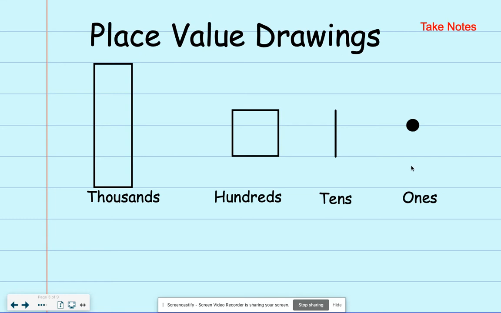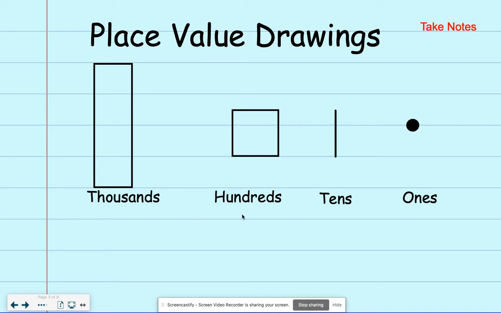The reason for each of these drawings is if I were to stack up 10 of these dots, it would make the stick. If I were to stack 10 of these sticks together, it would make a 100 square. If I were to stack 10 of these 100 squares, it would make a thousands rectangle.